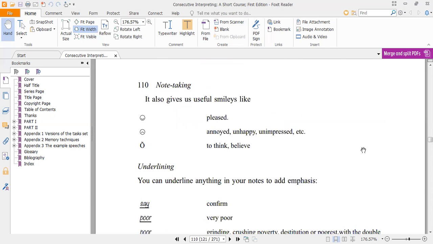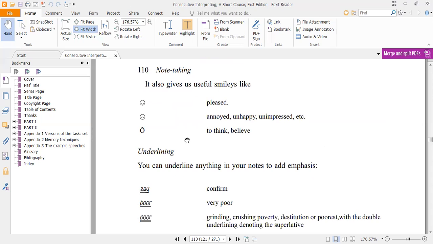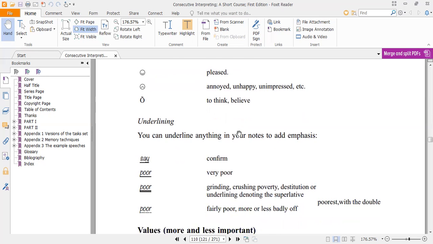Okay, is it not? Now, the smiling face, also we have general symbols like the smiling face refers to happy, pleased, interested. The unhappy face refers to annoyed, unhappy. Okay, this symbol to think or to believe.